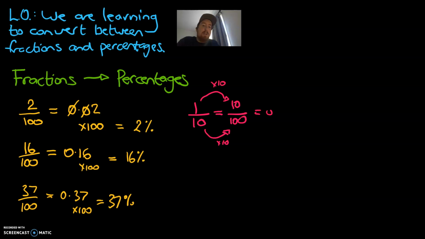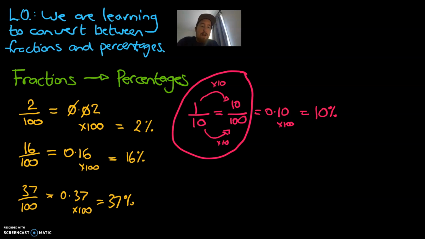And then that means we can convert it to our decimal, 0.10, and we can times that by 100, and that means we can ignore the dot and the 0, and that would leave us with 10%. So hopefully we've got that. The trick was that beginning bit, converting the fraction to something to do with hundredths.